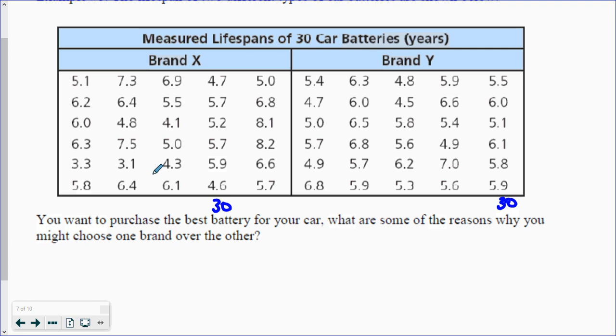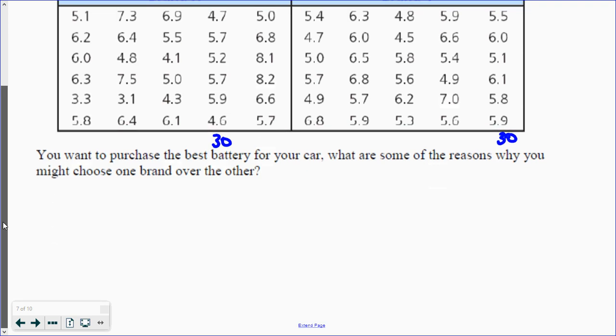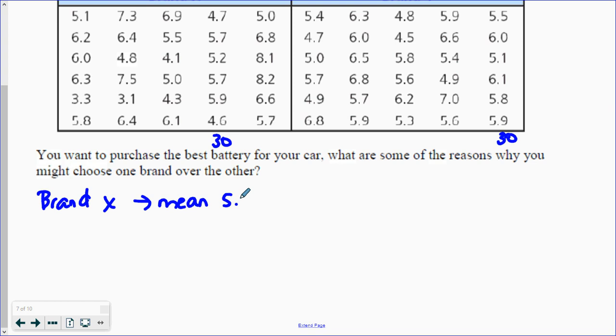So we're going to actually use some of the special functions within our calculators for this a lot more. So I'm not going to go through doing this one. We'll do it in the statistics booklet. So if we actually did the calculation that we're going to learn how to do, for brand X, when I find the mean, it's actually 5.74.